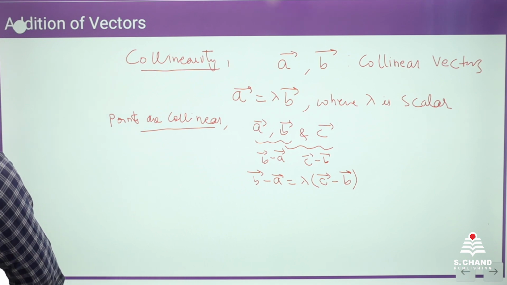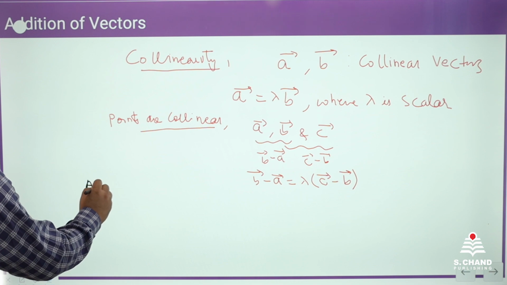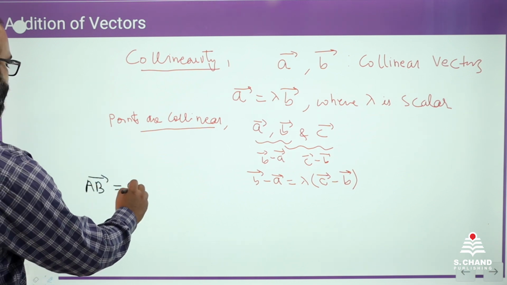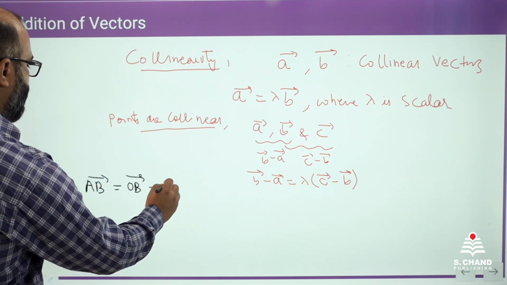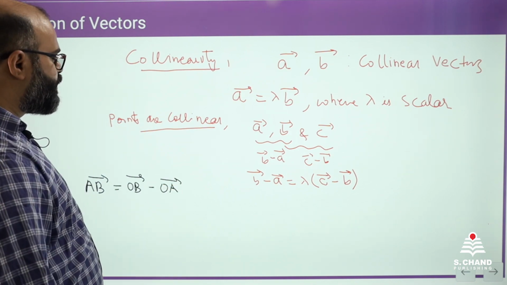So we can also understand one thing over here, that if we talk about AB vector, then it is equal to position vector of B minus position vector of A. So this is from the result of addition of vectors only.